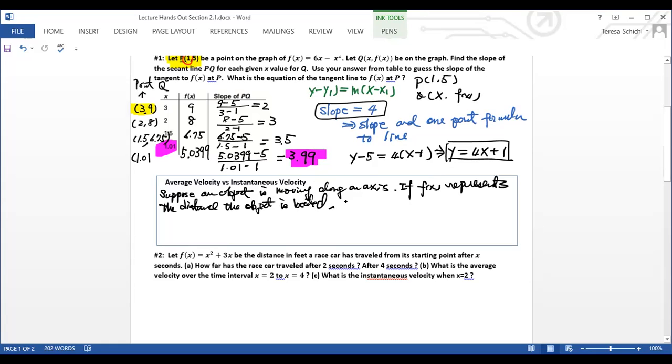then we know the slope of the secant line between P and Q is the average velocity.